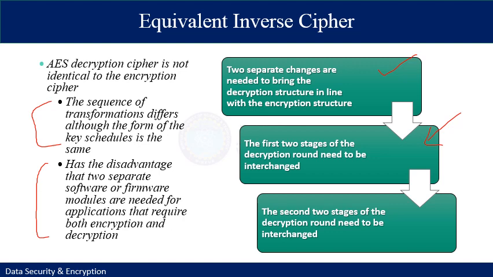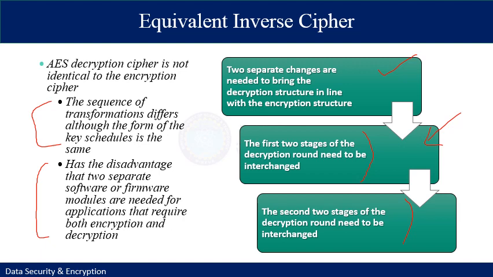On the decryption side, you will perform shift rows first and then sub bytes. That means you will interchange the first two processes. In the decryption process, the first step will be inverse shift rows and the second will be inverse substitution bytes. Similarly, the second two stages of the decryption round need to be interchanged.